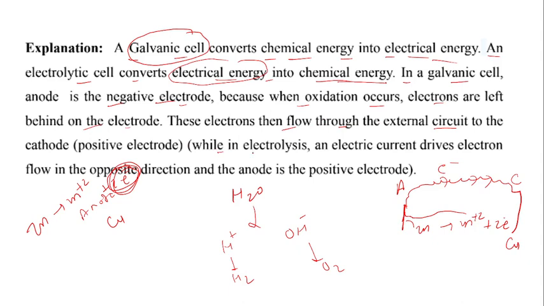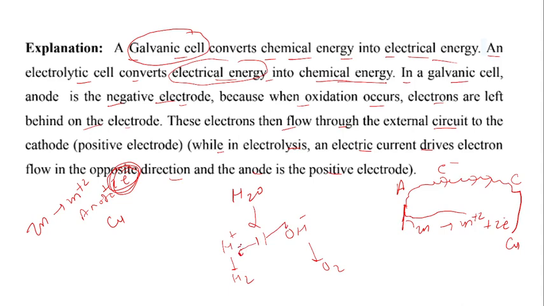While in electrolysis, an electric current drives electron flow in the opposite direction, and the anode is positive. So anode is positive in this case. Suppose this reaction happens where H+ is present; you need to connect this terminal negative and this positive, like that. These will be the 2 terminals.